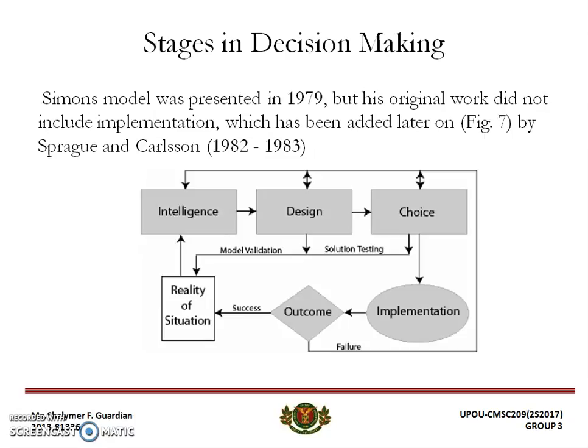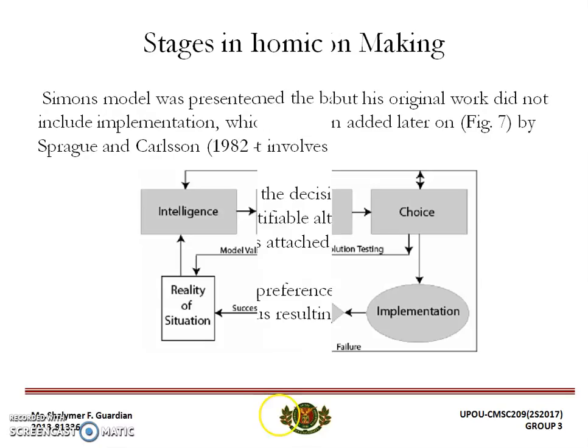This falls into the database component. And then for implementation and outcome, here lies the human interface component of the decision support system, where we will be able to see whether there is a failure or success in the whole decision making process. So basically, this is the reality of a situation in every management process.